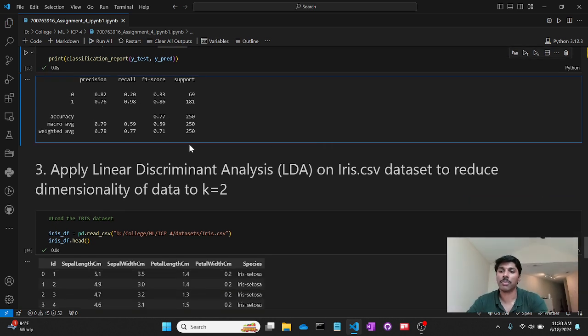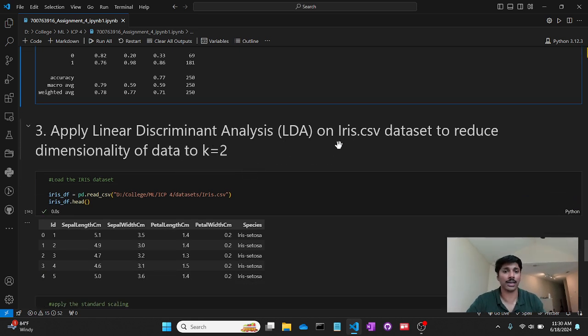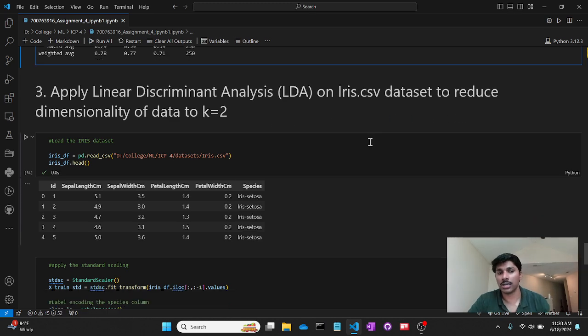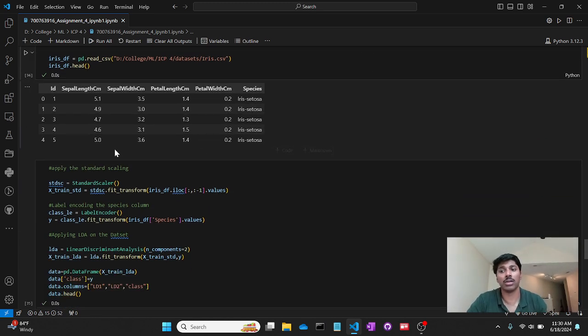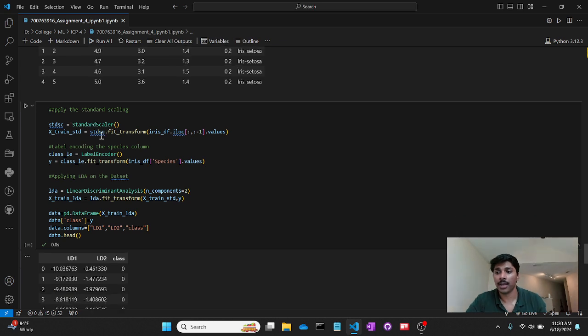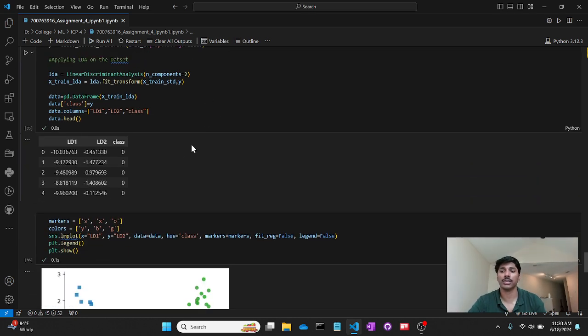Coming to the third part of the assignment, which is to apply linear discriminant analysis, LDA, on the iris dataset. I imported the iris dataset that was provided, and then I did the basic data scaling again and encoding of the species.